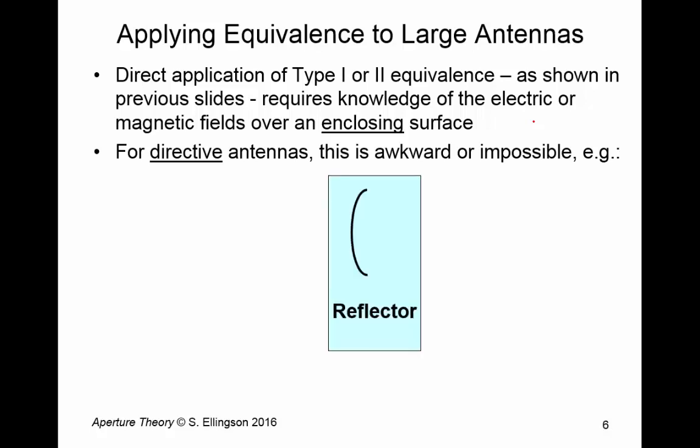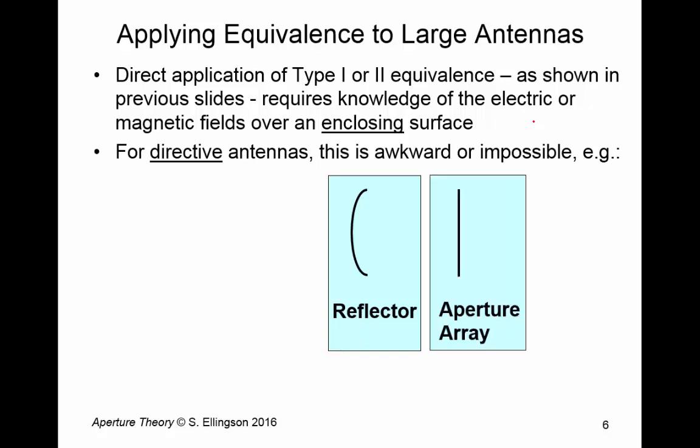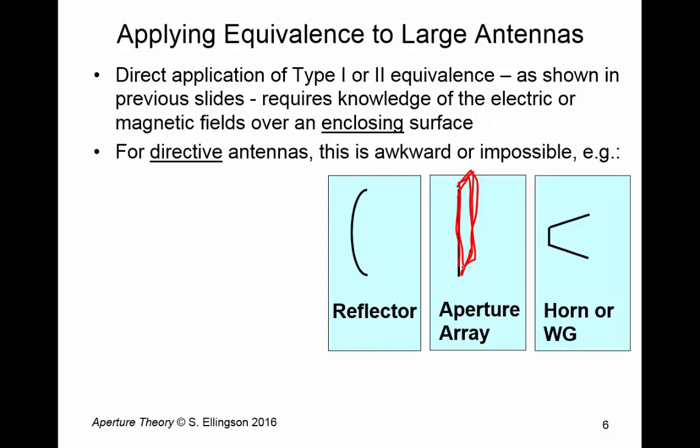Let me show you some examples. Here's a reflector antenna, or at least a very cartoonish version of a reflector antenna. Here's an aperture array. All right, I might try to draw it in 3 dimensions. So there's a rectangular aperture. Here's a horn, or a waveguide. That's what WG is.